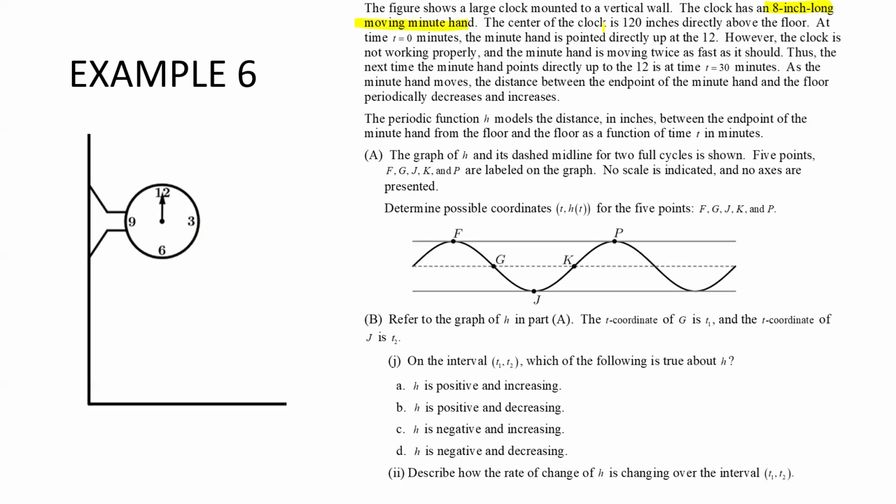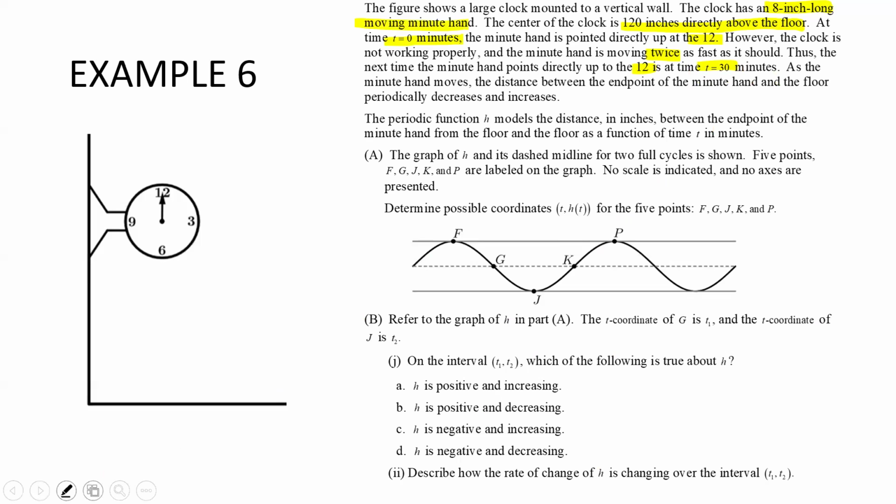The center of the clock is 120 inches directly above the floor. At t equals 0 minutes, the minute hand is pointed directly up at 12. However, the clock is moving twice as fast as it should. Thus, the next time the minute hand points directly up at 12 is in 30 minutes instead of in 60 minutes. Does that make sense?